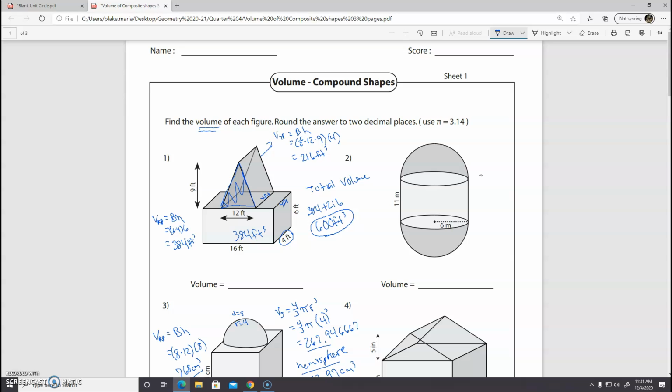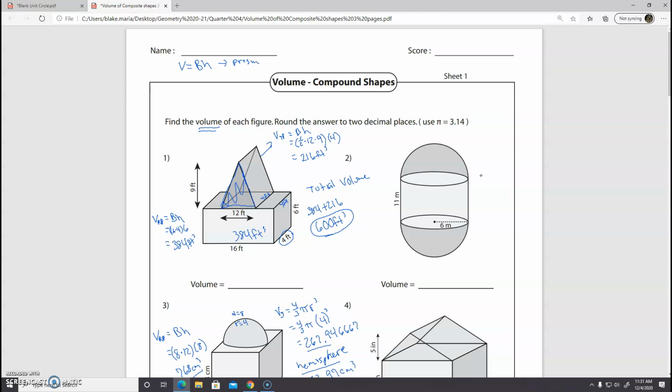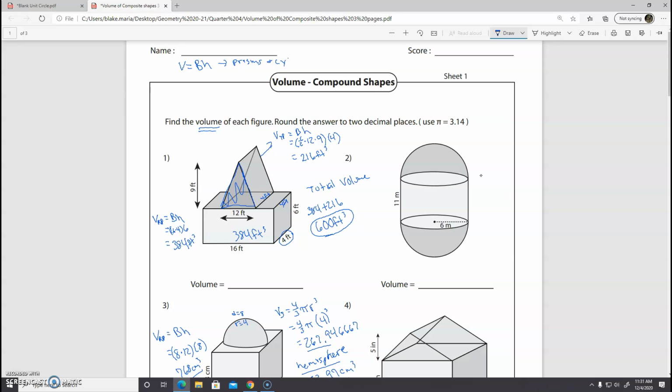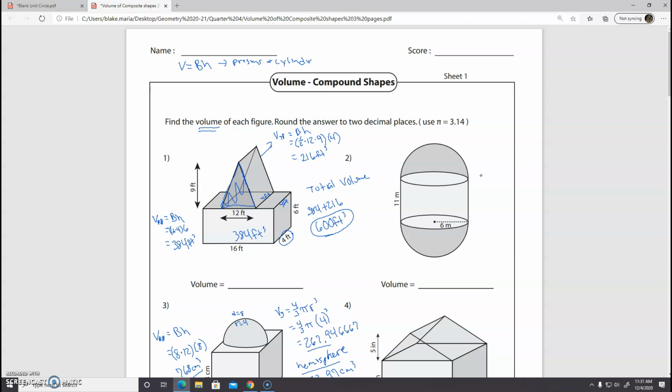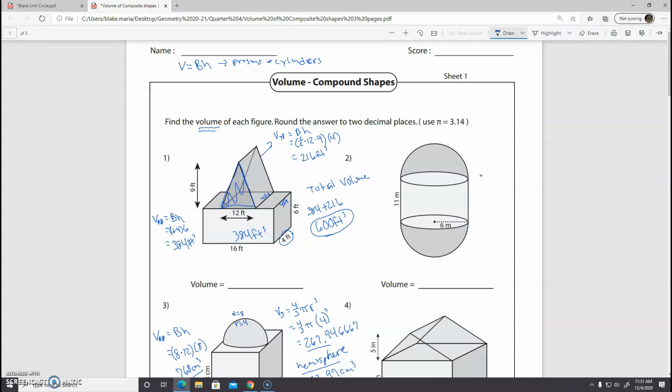So if you want your formulas, remember 2 bases, if it has 2 bases, so this is prisms and cylinders. We had 1 base, 1 base was pyramids and cones.